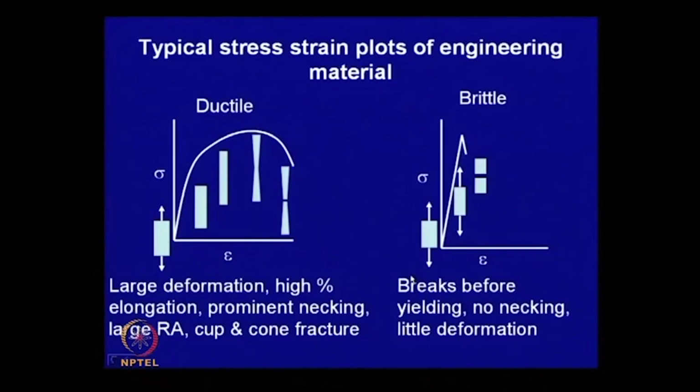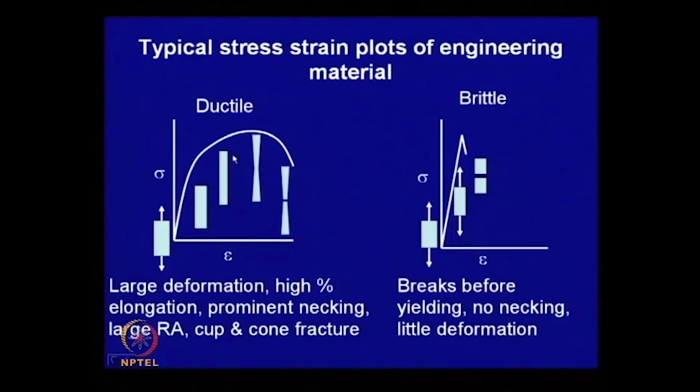Let us look at some typical stress strain plots of engineering materials having widely different characteristics. One is ductile, which is shown over here. It is associated with a very large deformation, and schematically how the sample dimension changes is shown here.